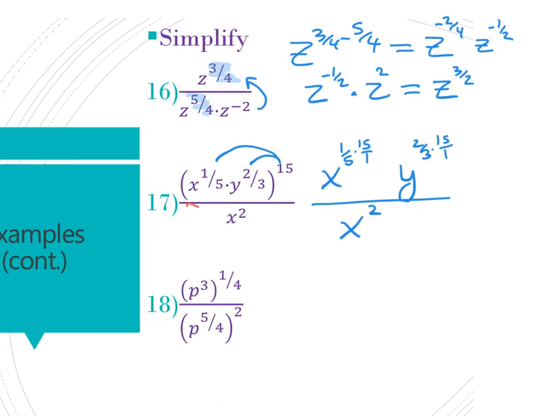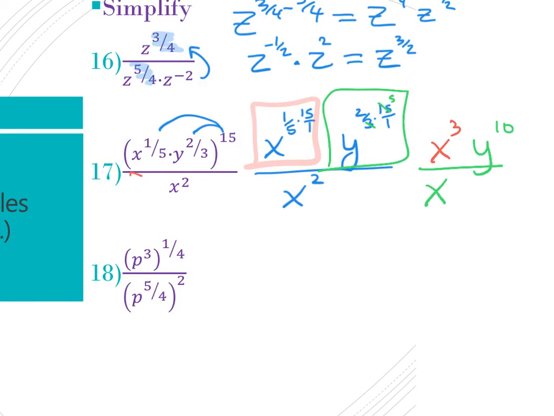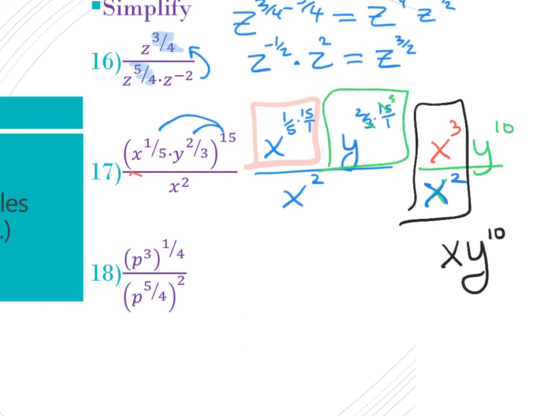So then here, when I multiply this, I get x cubed. When I multiply this, I'm gonna simplify, and I get y to the 10th. And then I still have an x squared in the bottom. And now I can subtract these exponents. 3 minus 2 is 1, it's positive. X stays in the top, and the y to the 10th was also in the top. So final answer, x, y to the 10th.